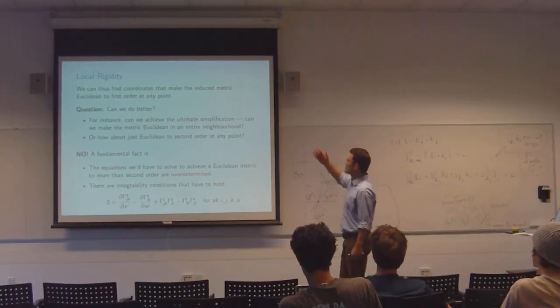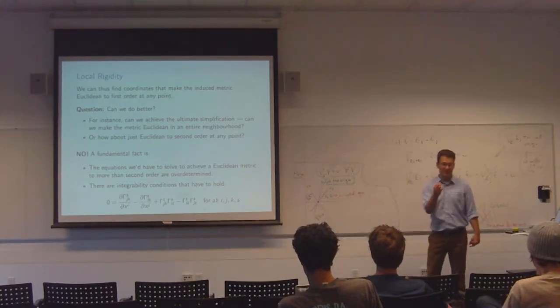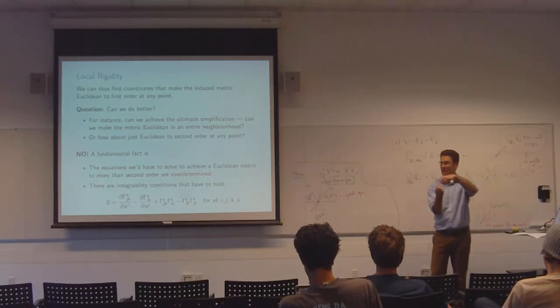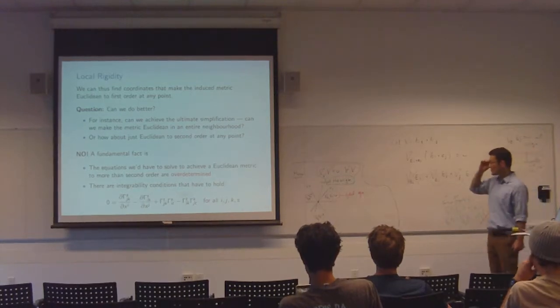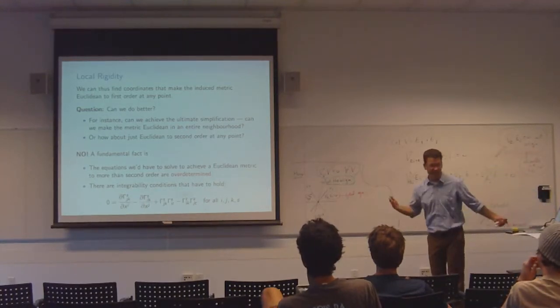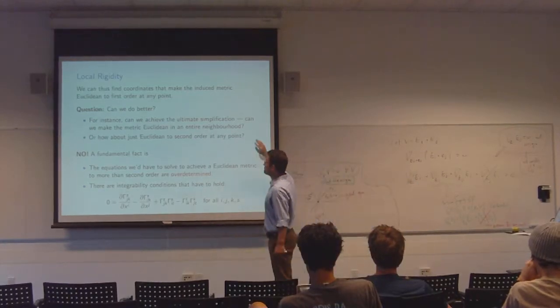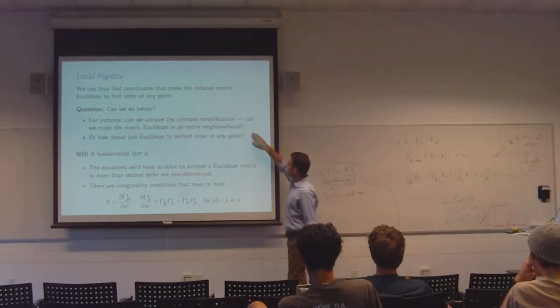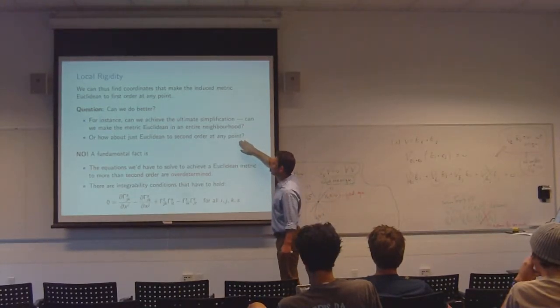What we've done is find coordinates that make the induced metric Euclidean at a point, Euclidean to second order at a point. And one of the early questions in differential geometry, which motivated Riemann, was: can you do better than this? Can we achieve something between the ultimate and, well, maybe the next step?